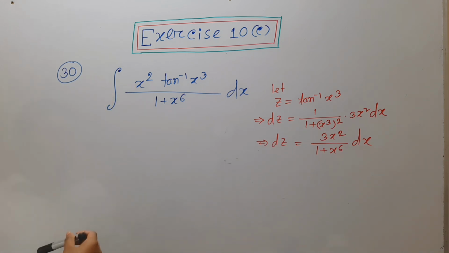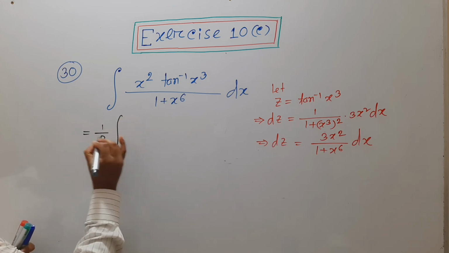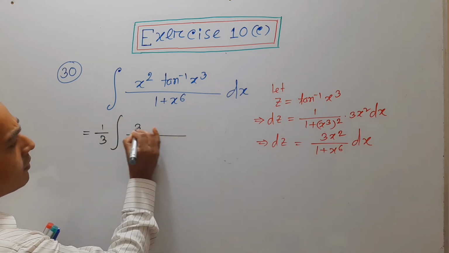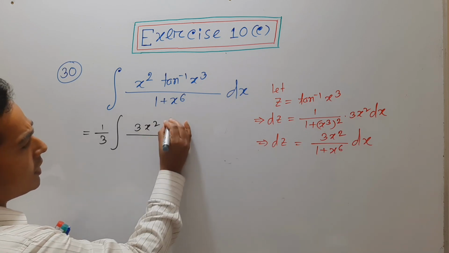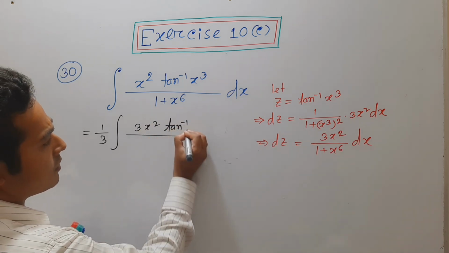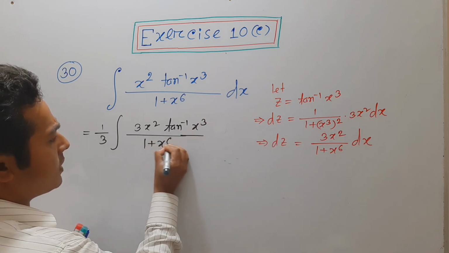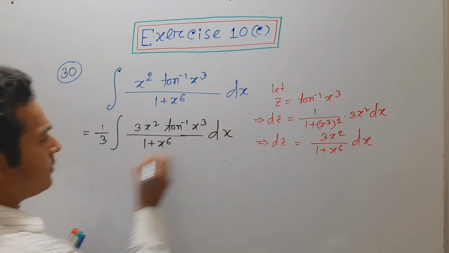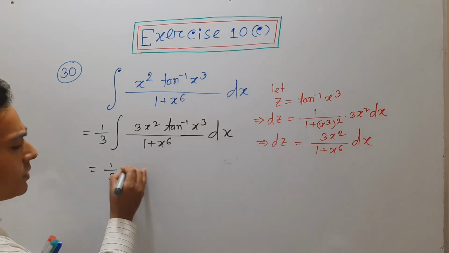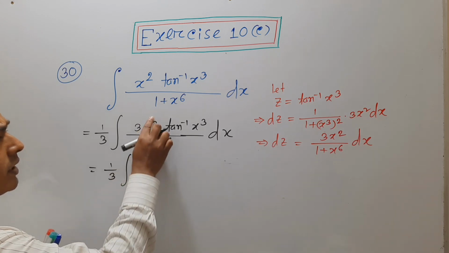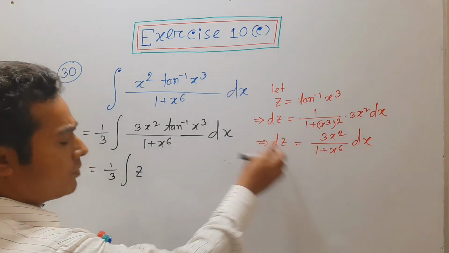So we can write it this way: 1 divided by 3 into 3x square tan inverse x cube divided by 1 plus x to the power 6 dx. And 1 by 3, here tan inverse x cube is equal to z, and 3x square divided by 1 plus x to the power 6 dx will be dz.